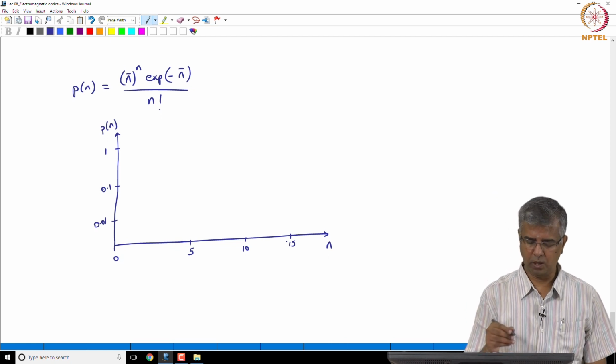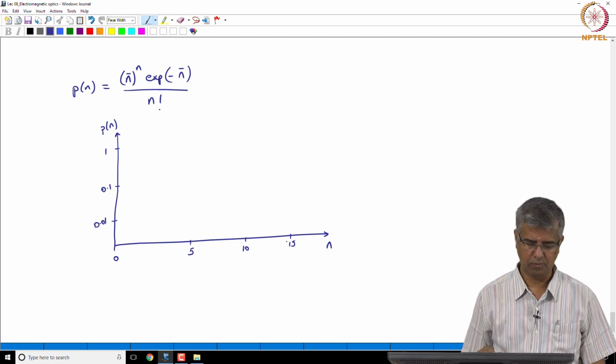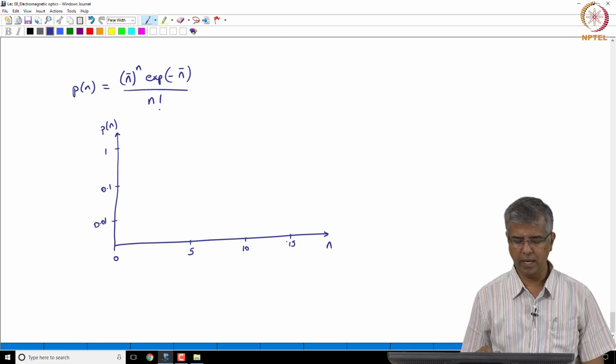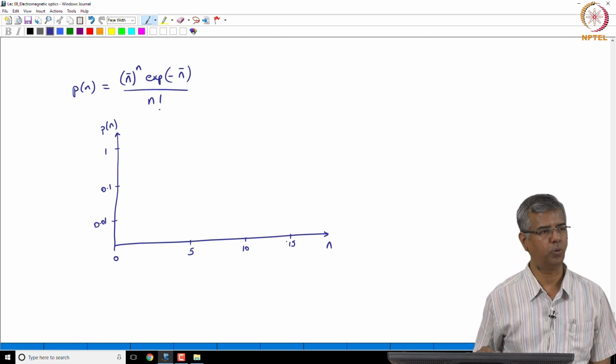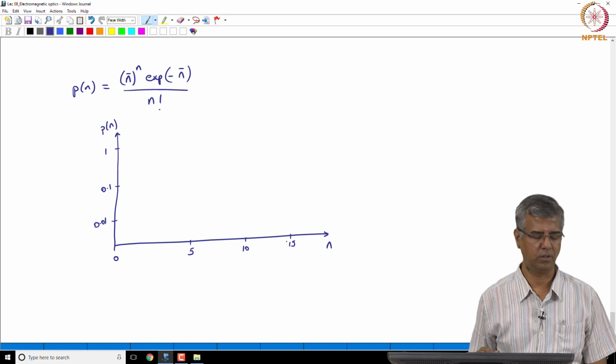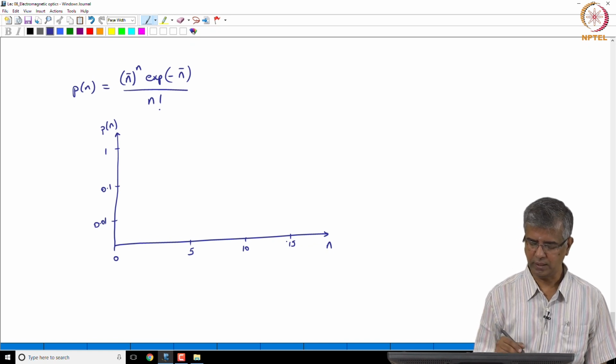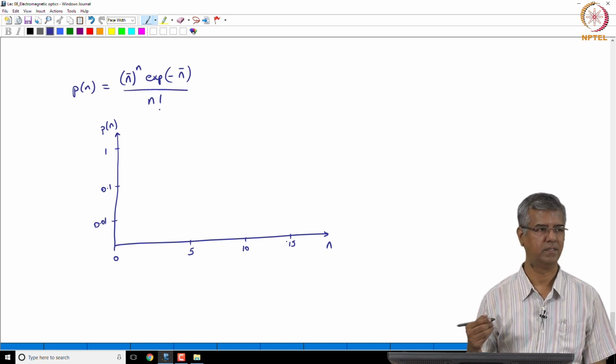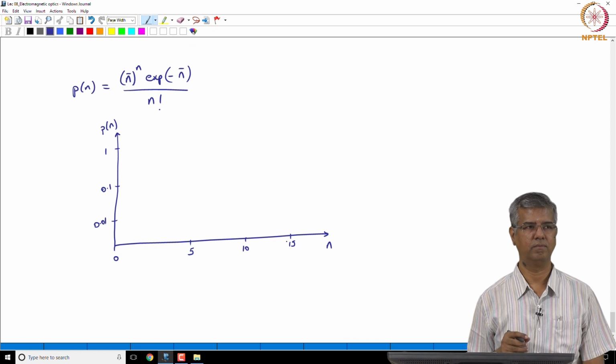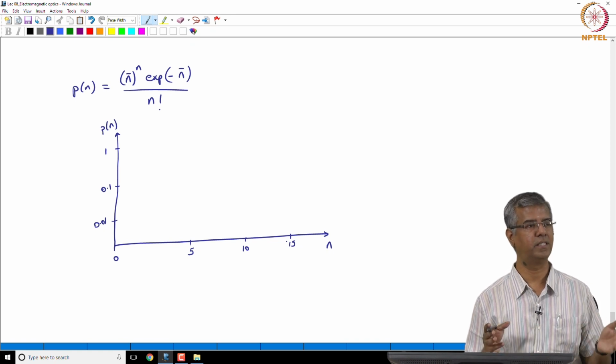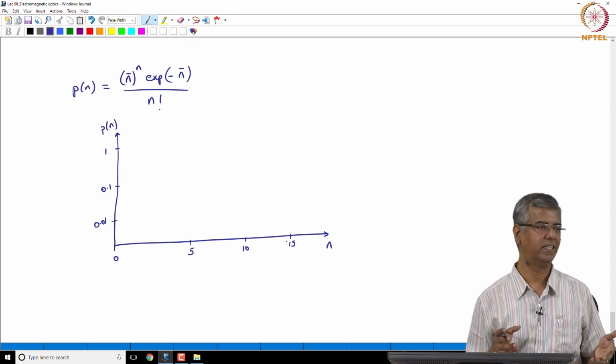Now, let us plot this function for n bar of 0.1. The average within an interval is 0.1. You would ask how can I express it as a fraction?